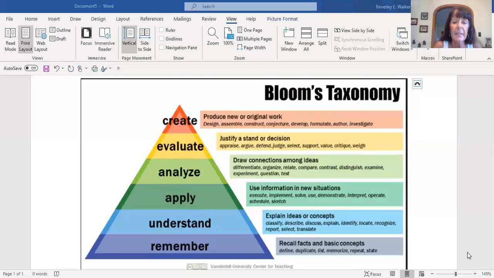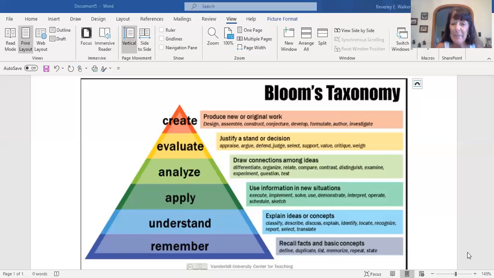If you had the same lesson plan and you wanted the students to explain, that is a higher level. It's more than just listing. It's more than just memorizing or recalling facts. It requires an understanding.